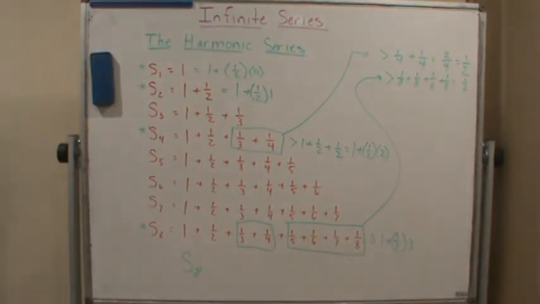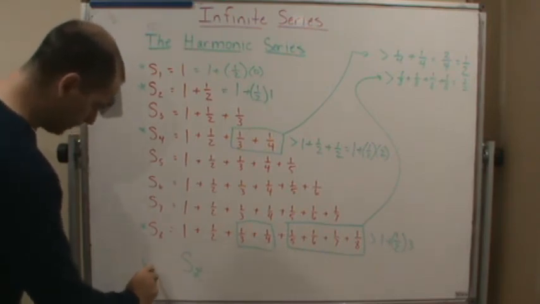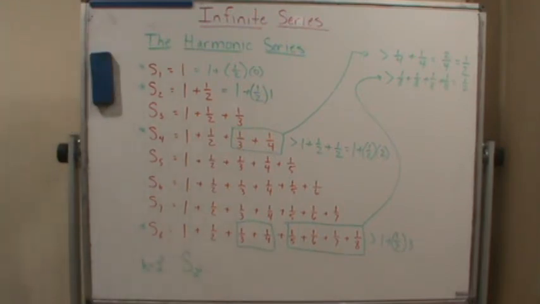So the index is of the form S sub k, where k is equal to 2 to some power of j. Now we're representing the partial sums as follows.